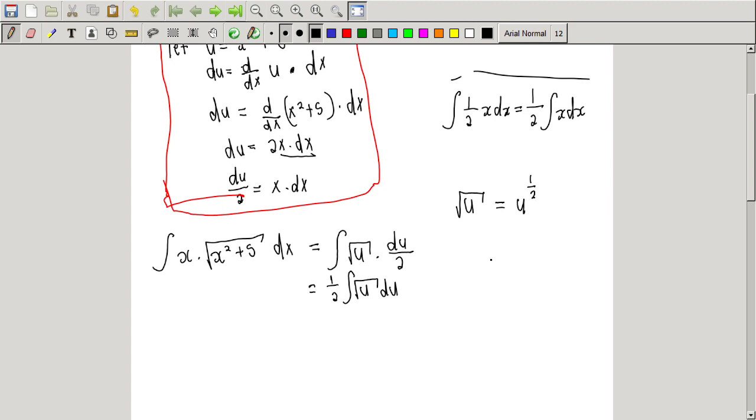I want to write it in this form because we know one of our integration rules is that when we're integrating x to the power of n with respect to dx, what we're integrating is equivalent to x to the power of n plus 1 divided by n plus 1 plus c, where c is a constant.